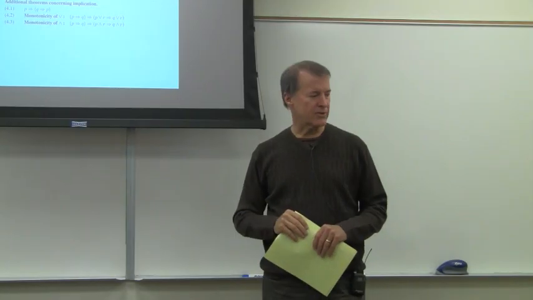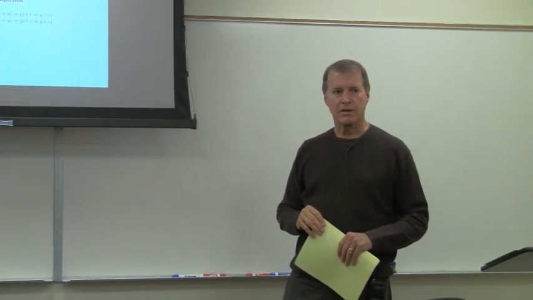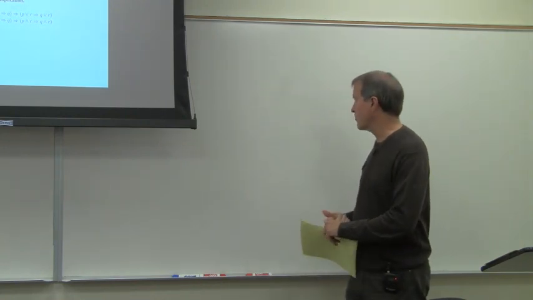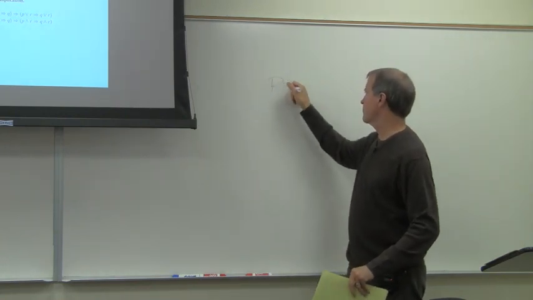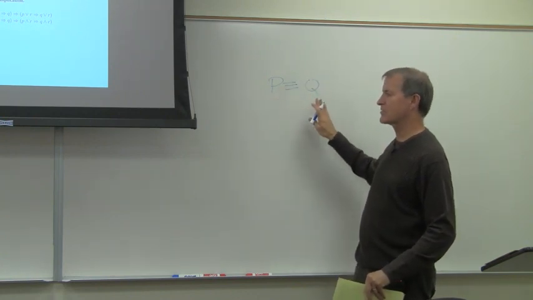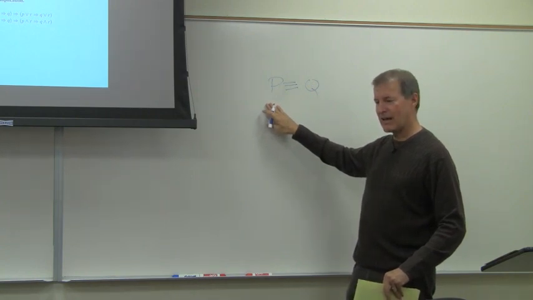Now, do you remember the technique that we said we were going to use? Whereas before, if you have a theorem of the form P equivales Q, you could start with one side and get it to the other side, or you could start with this side and get it to this side. But what did we see last time that we're going to do now? Implication.